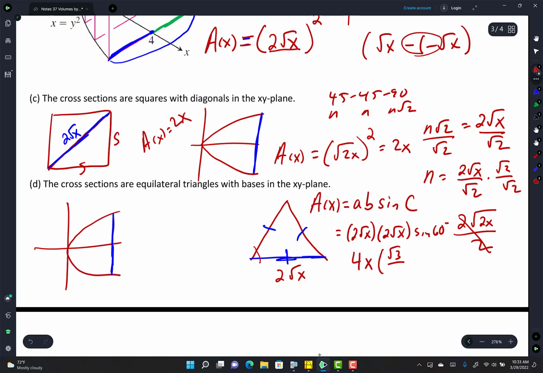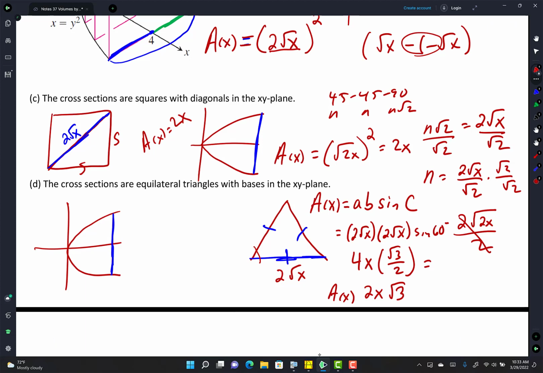So it would be 2x square root of 3. That's my A of x, but I'll show you another way in case you don't like it.